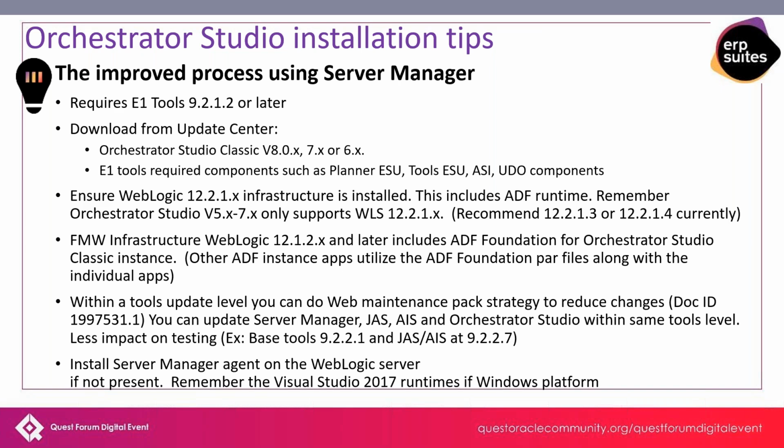Of course, the other thing you can do if you do have a project is maybe go to 9.2.4.x, but again, that's a different project. And then the other thing to remember is the Server Manager agent. Once you start getting up into these upper tools levels, the 9.2.3s, the 9.2.4s, a lot of times you'll also have to have Visual Studio 2017 x86 and x64 runtimes if you're running these things on Windows platforms.